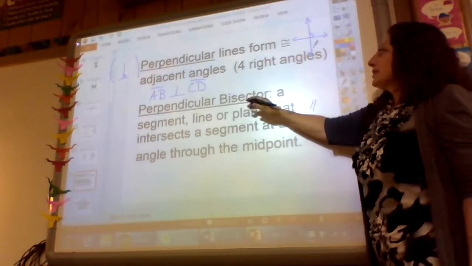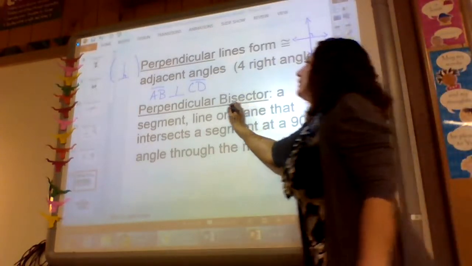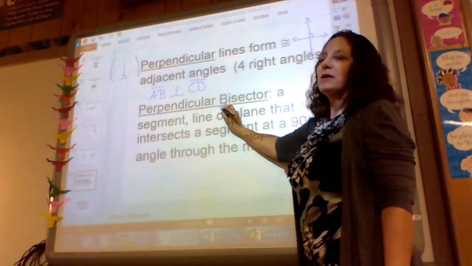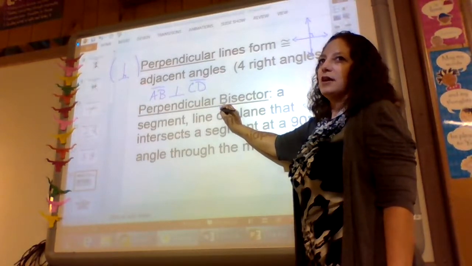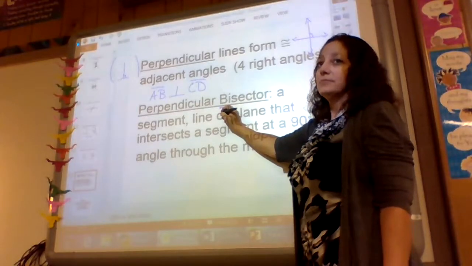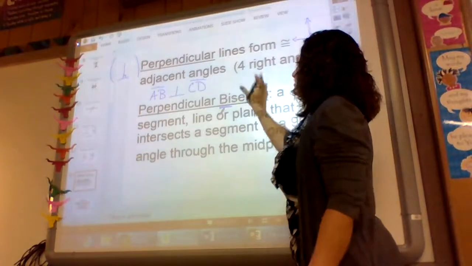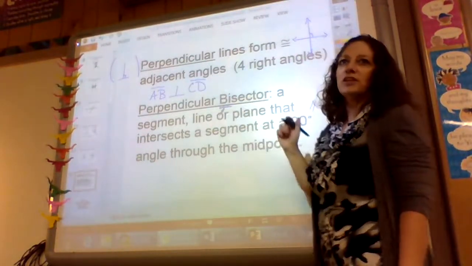Okay, so a perpendicular bisector. Tyson, do you remember what bisector means? What's bi? How many? 2. So it's something that's cutting. It's cut in half. There you go. It's cutting a section into 2 equal parts, cut in half. You got it.